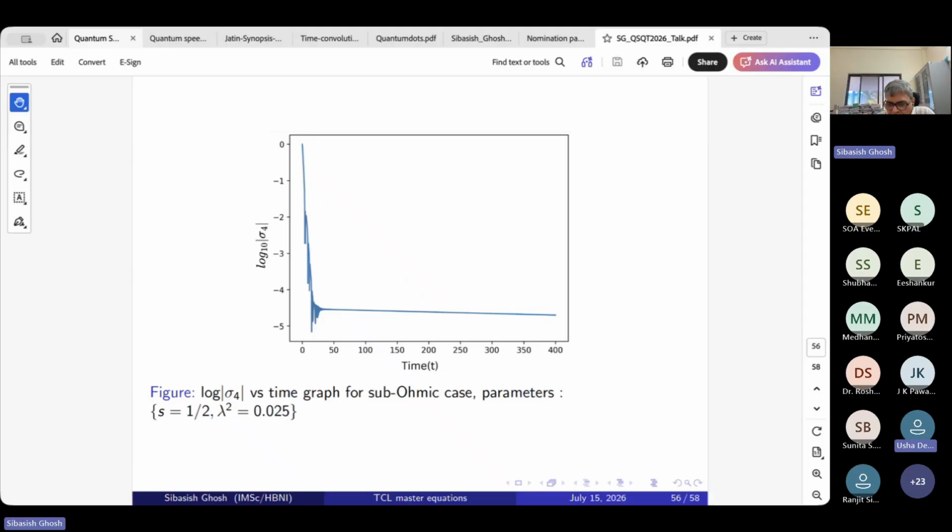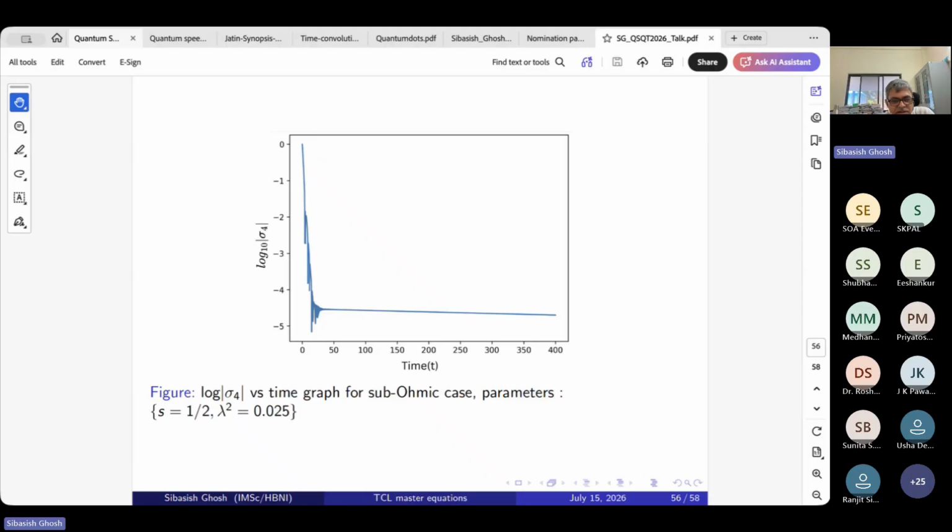What we try to show is that in TCL4, etc., where the coupling is weak, the steady state is not actually the thermal state, but a generalized version of that, which is the mean force Gibbs state. Now, if you go to higher order TCL, or if you increase the coupling strength, I don't think we can say at this point of time whether the steady state will be something more general than the mean force Gibbs state or something like that.